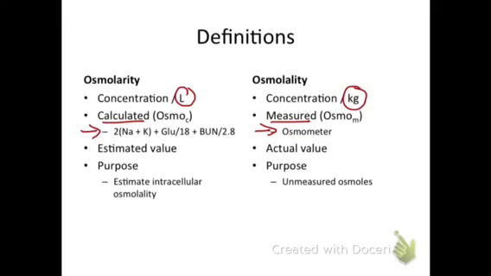Therefore, the calculated osmolarity is only an estimate of the actual concentration of particles in blood. However, osmolarity is helpful in that it is typically an estimate for intracellular osmolality and therefore can be helpful in identifying cellular dehydration. Osmolality is most helpful in identifying unmeasured osmoles.